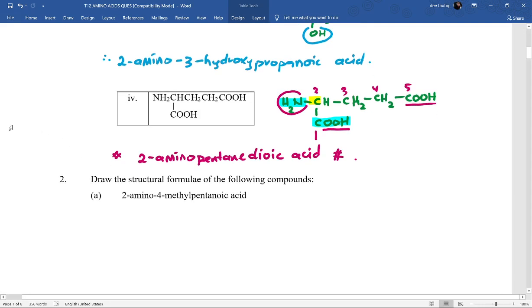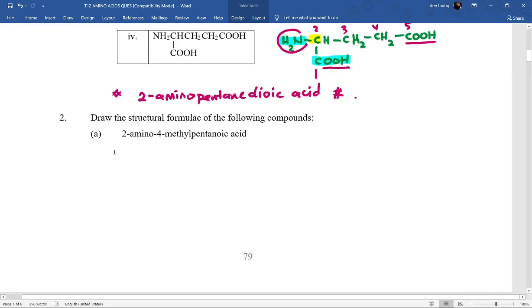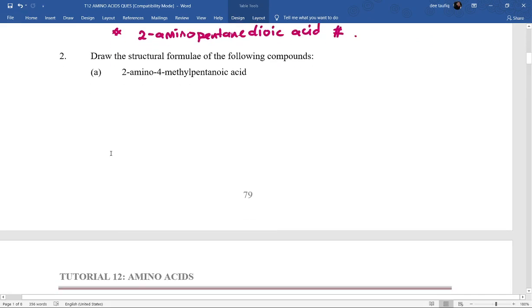Alright, so let's look at question number 2. They want us to draw the structural formula of the following compounds. 2-amino 4-methyl pentanoic acid.